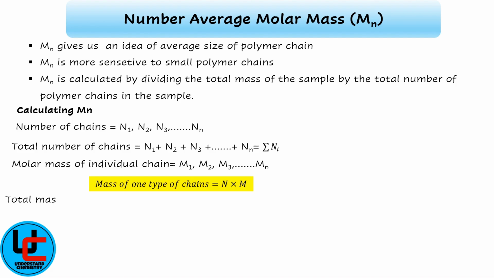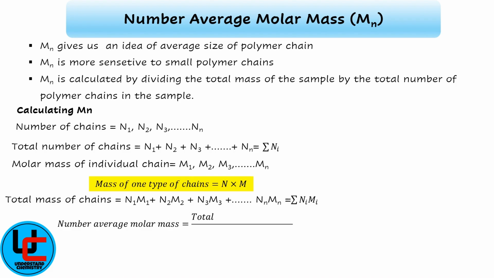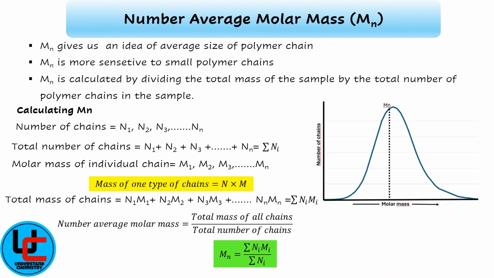The total mass of all type of chain will be obtained by adding product N1 M1, N2 M2, N3 M3 species, which will be equal to summation Ni Mi. From this, we can calculate number average molar mass by dividing total mass of all chains by total number of chains. So Mn is equal to summation Ni Mi divided by summation Ni.